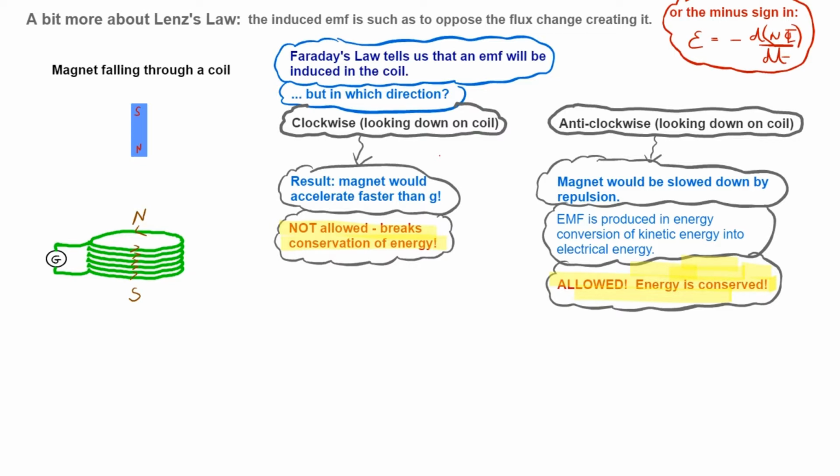Well, of course, if we think back to when we started defining flux, you'll remember that we defined flux as the field multiplied by the area. So in this case, we're going to talk about the flux linkage, that's the flux linkage due to this magnet at any one moment.